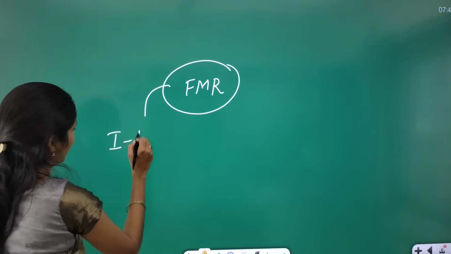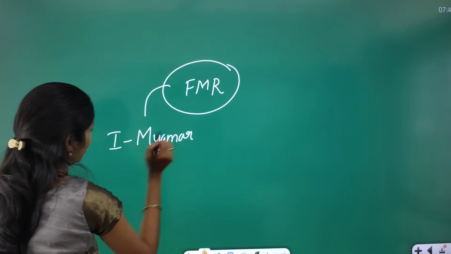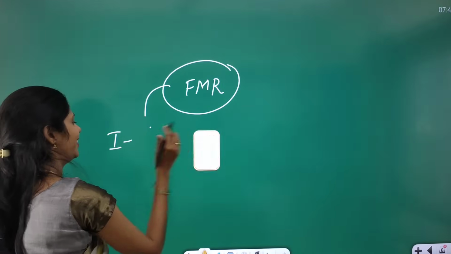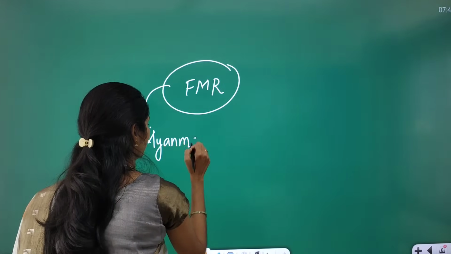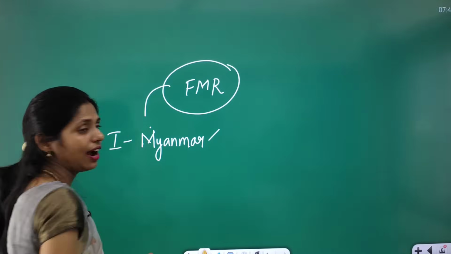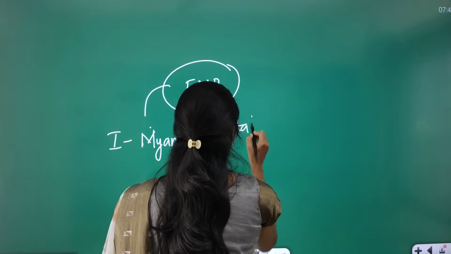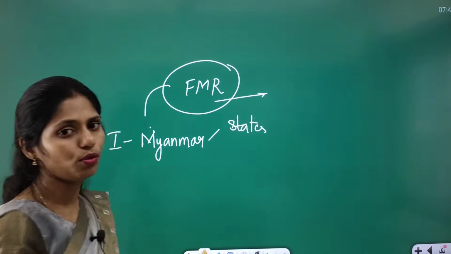It is between India and Myanmar. So you have to note the states which are sharing a boundary with Myanmar first. And you have to know the meaning of free movement regime.